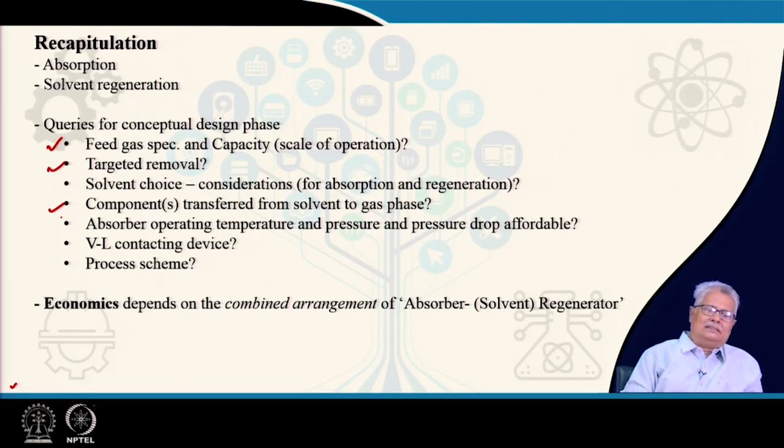In the design, we have to decide on the option of the contacting device. In reality, most of the absorbers use either a packed bed or a stage wise plate tower. Most of the time, the number of ideal stages required for this contacting is low, typically maybe around 3 or so, it could be even 4.